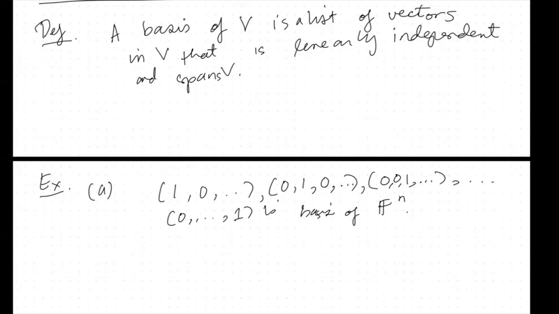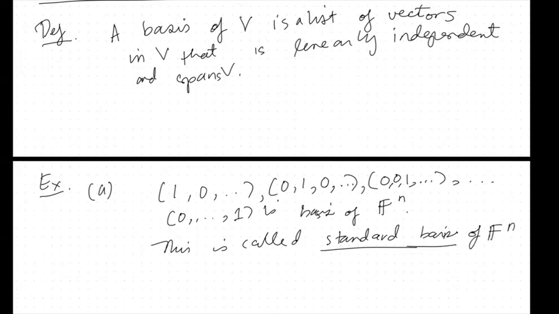Of course, F here is again either R or C. So this basis is called the standard basis, or sometimes canonical basis of F^n.